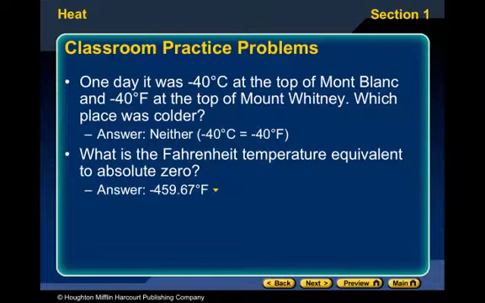Yep. Negative 459.67. What did you have? 273.15 times 9/5 plus 32. And what did you get? Negative 460. Yeah, which is pretty close.